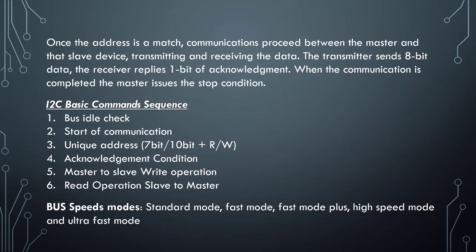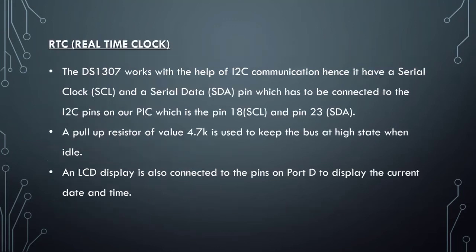Below we have various bus speed modes, which are used to communicate from the master to the slave. For the bus speed modes, we have the standard mode, the fast mode plus, the high speed mode, and the ultra fast mode.